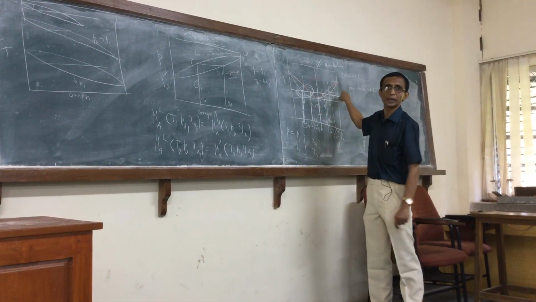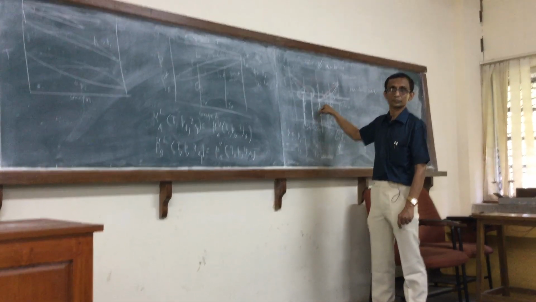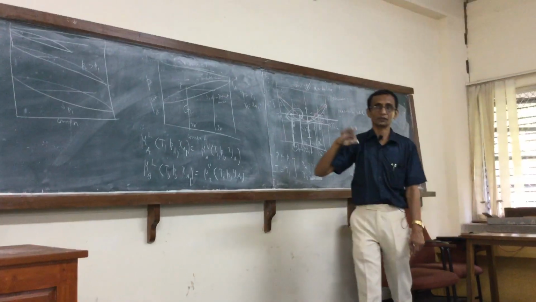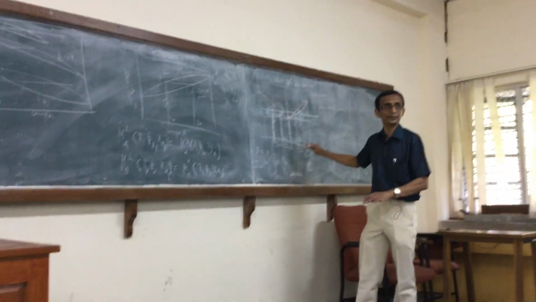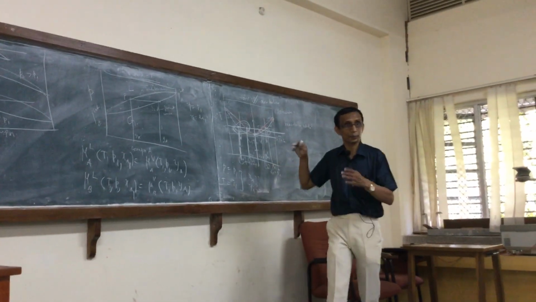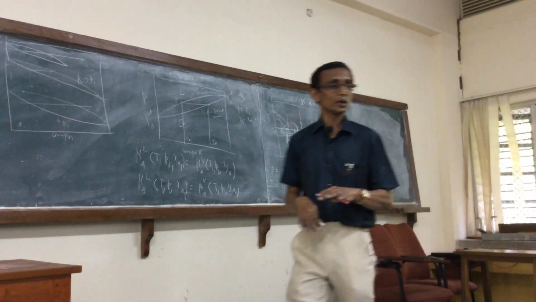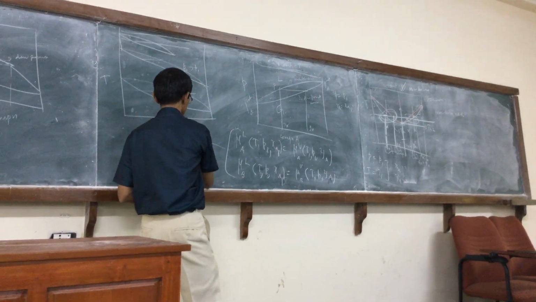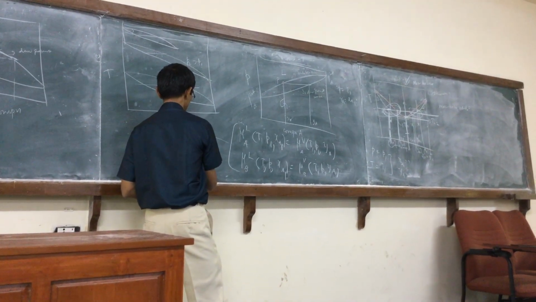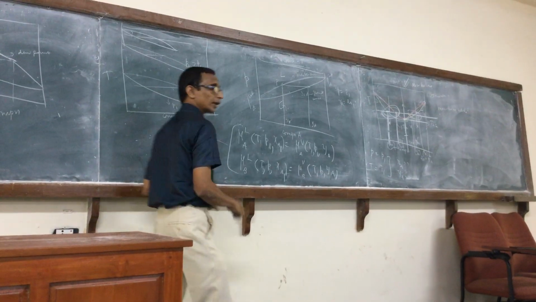These don't come into play here. We are not specifying the temperature, we are specifying XA1. So I am excluding XA2 from the picture by specifying XA1. Clearly then, what this figure shows, there will be a unique solution, T equal to T1, YA equal to YA1.